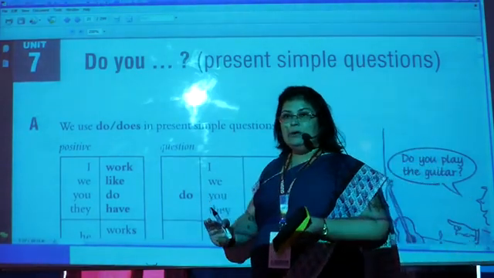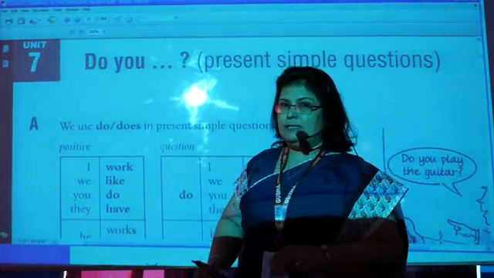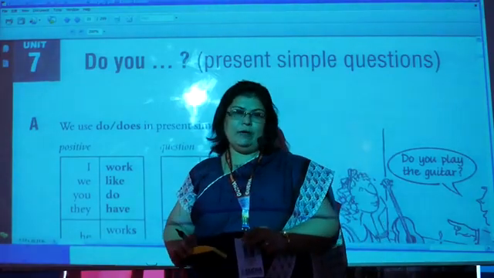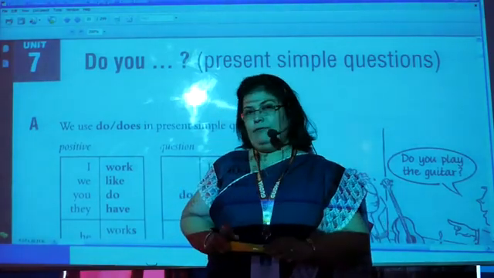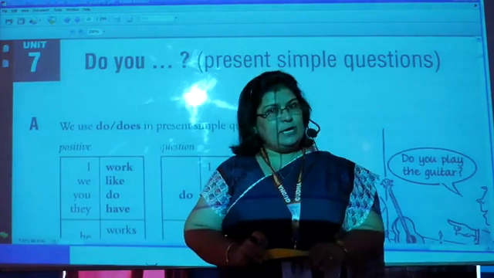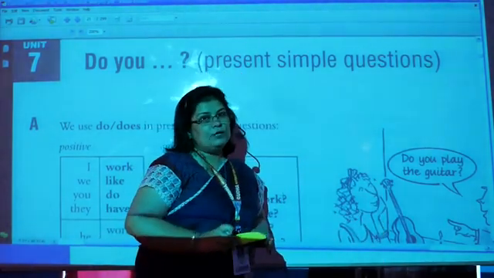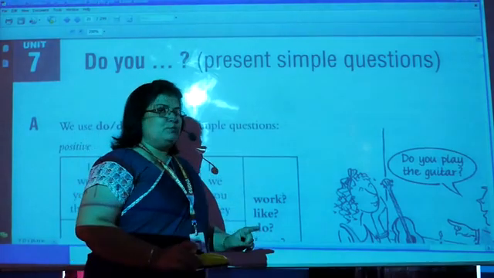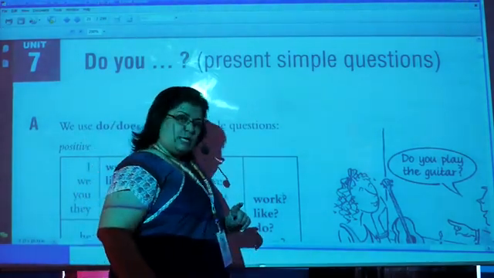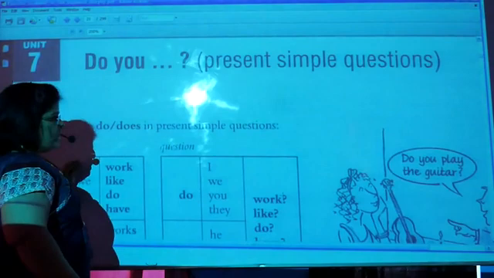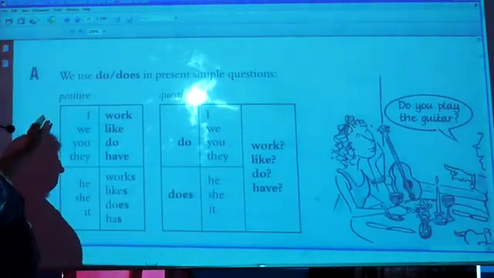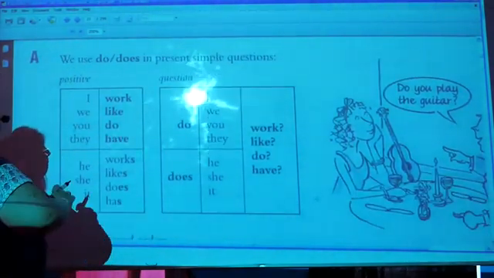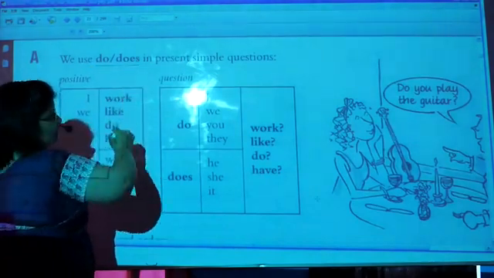And as you remember, simple present tense does not use a helping verb. It balances itself with the verb and subject. Means if the subject is singular, we make the verb plural, and if the subject is plural, we make the verb singular. Right? Now just look at this table. Here we are talking about use of do and does.